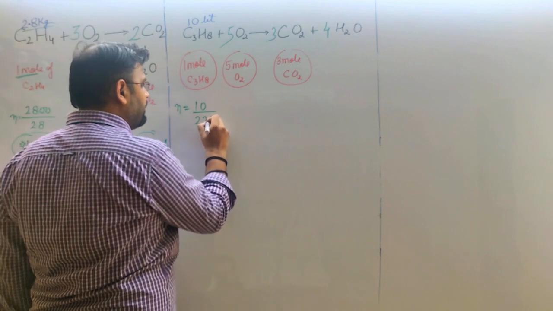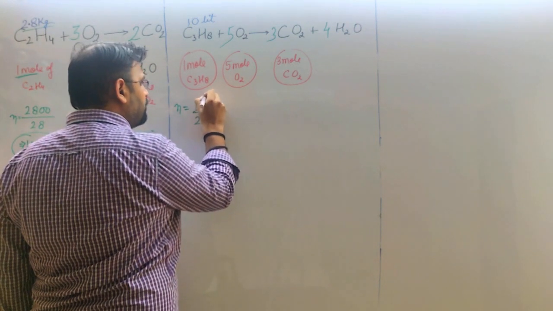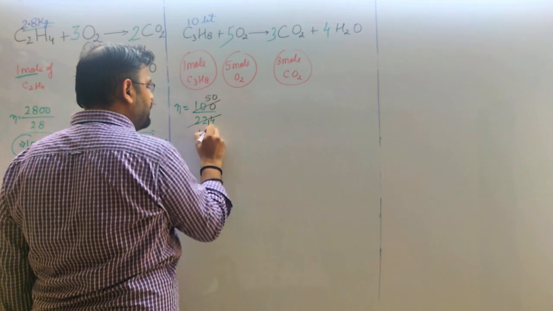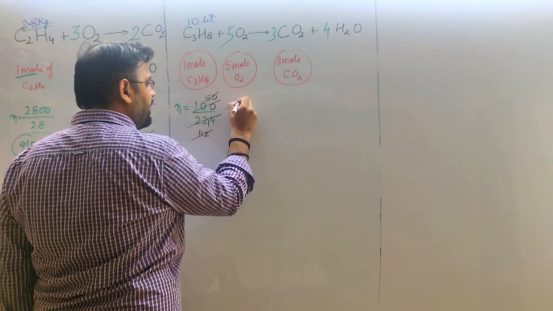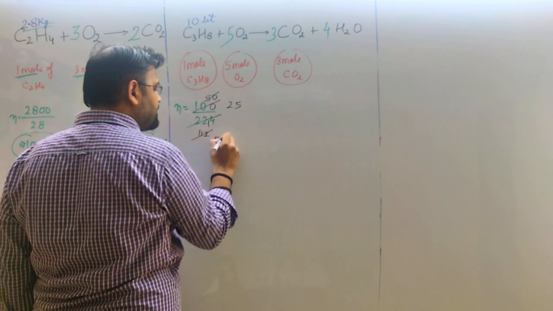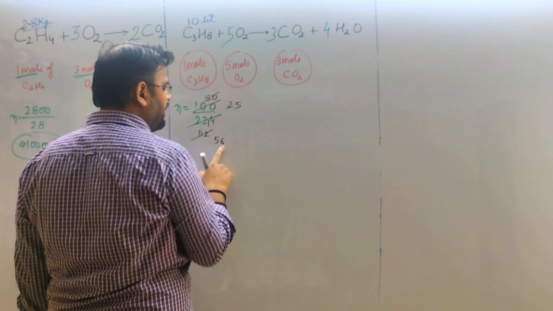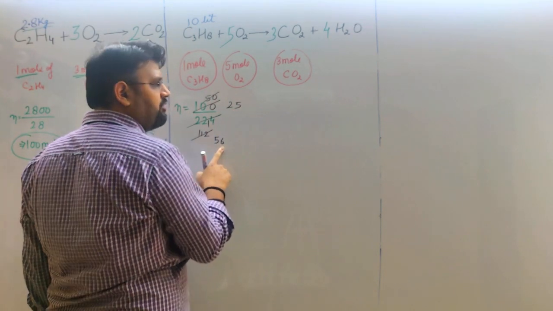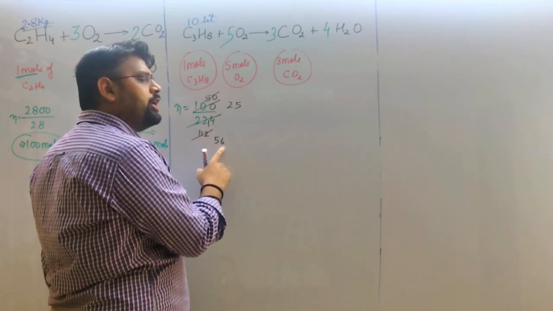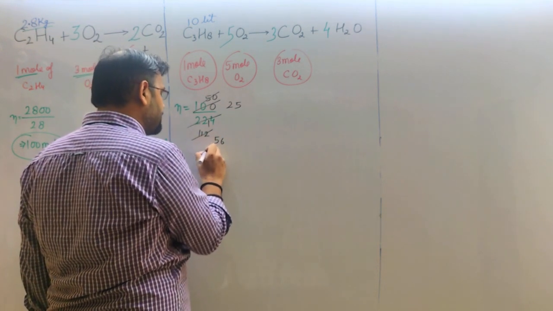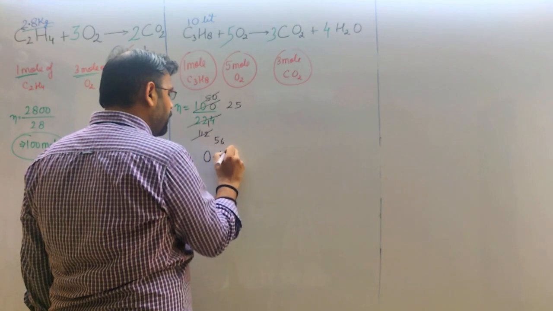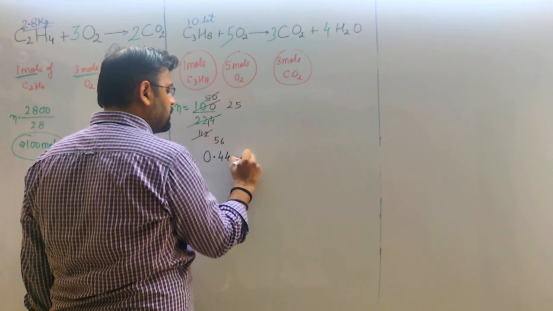So let's divide this. It will come out to about 5 by 11. 5 by 10 is 0.5, so somewhat less than 0.5. Suppose we will get 0.44 or 0.45 moles.